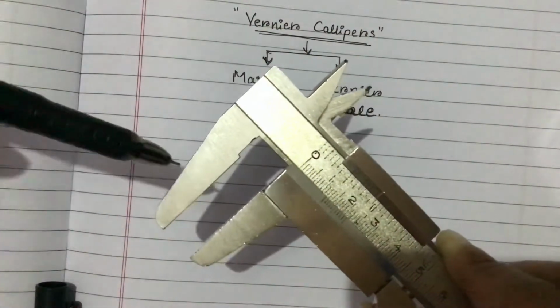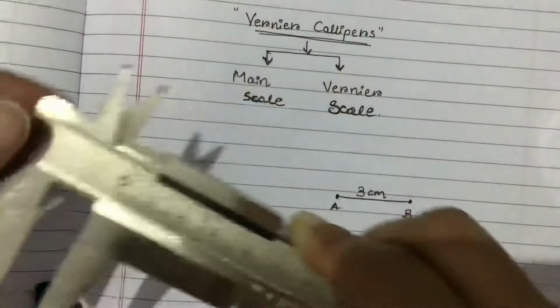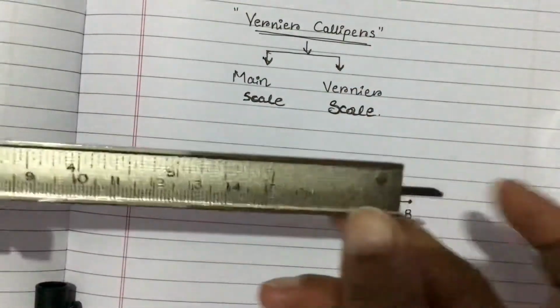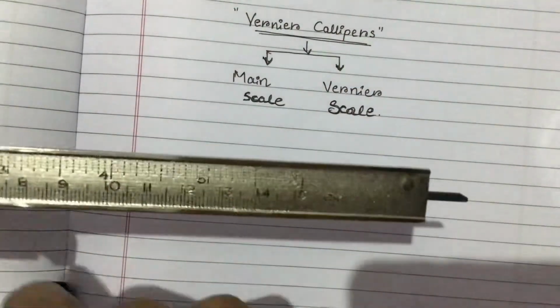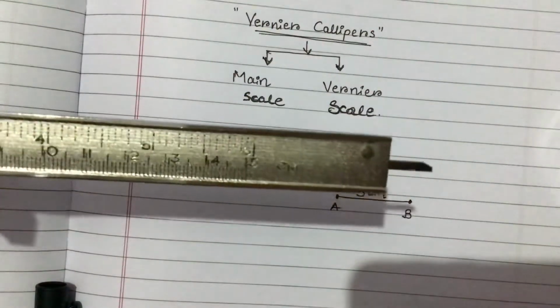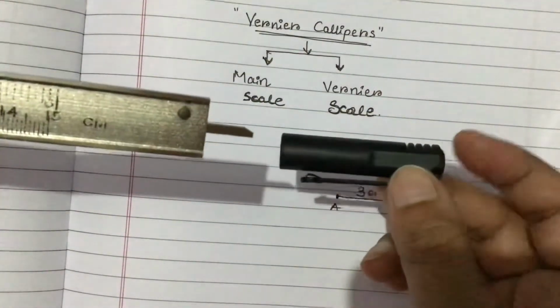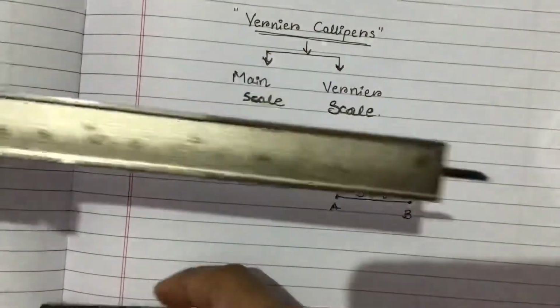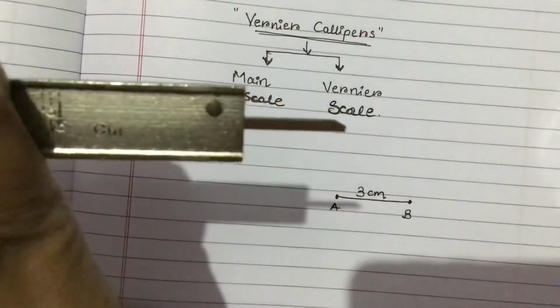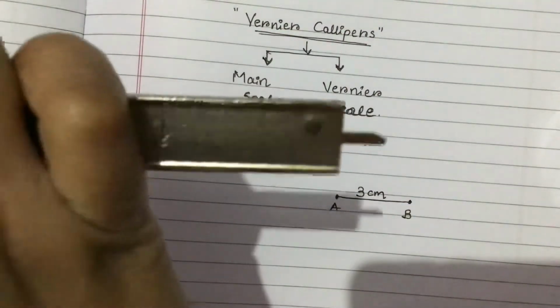Apart from the outer jaws and inner jaws, the Vernier Caliper also has a depth gauge. You can call it a tail or a depth gauge. What is the use of it? If you want to measure the depth of this cap, you press this knob, open the depth gauge, and fix it accordingly.